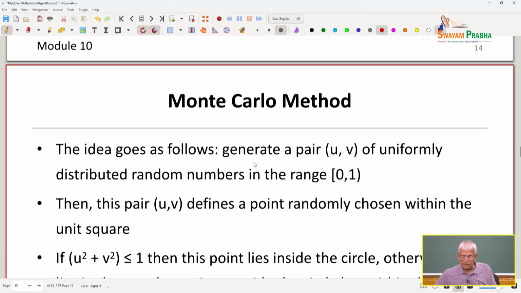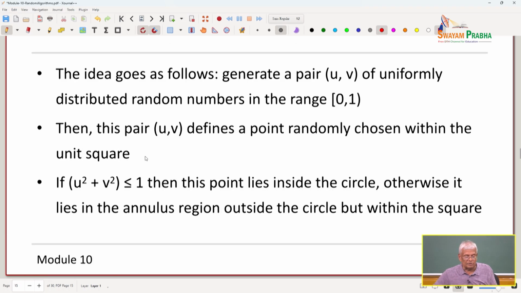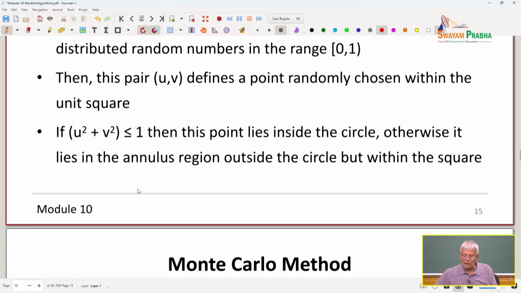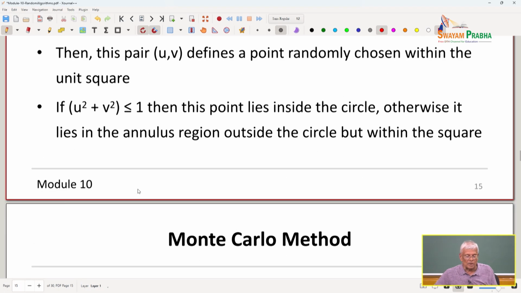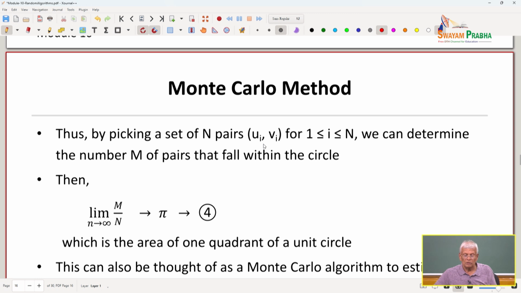So the idea goes as follows. Generate a pair u comma v, uniformly distributed random numbers in the interval 0 to 1. This pair defines a point randomly within the chosen unit square. If u square plus v square is less than or equal to 1, that point lies inside the circle. Otherwise, it lies in the region outside the circle but within the square. So how am I going to translate this into a program?